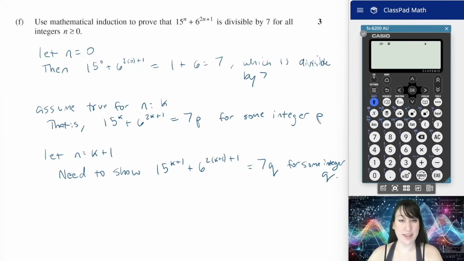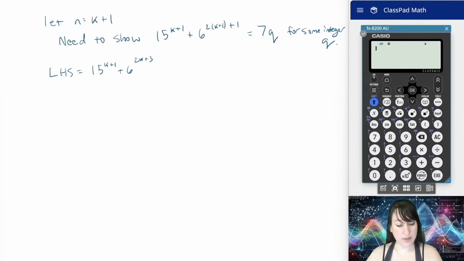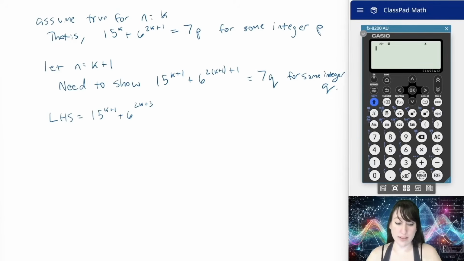Let's start with the left-hand side. I'll simplify that exponent to be 2k plus 3, and let's see how we might bring the assumption into this. According to our assumption, 15 to the k plus 6 to the 2k plus 1 is 7 times p, some integer.